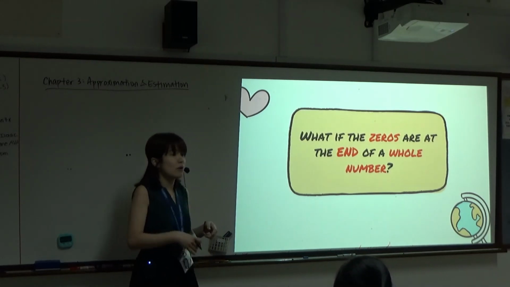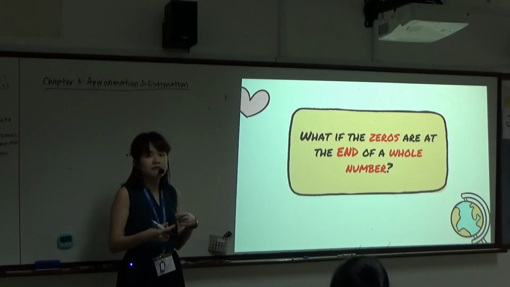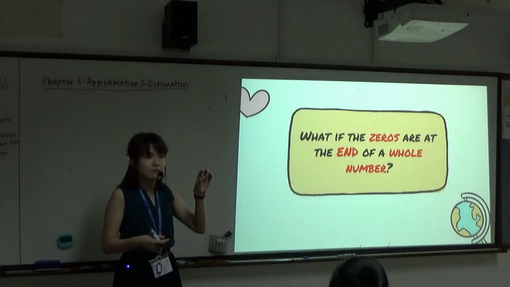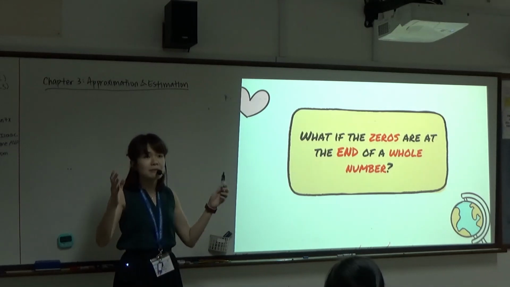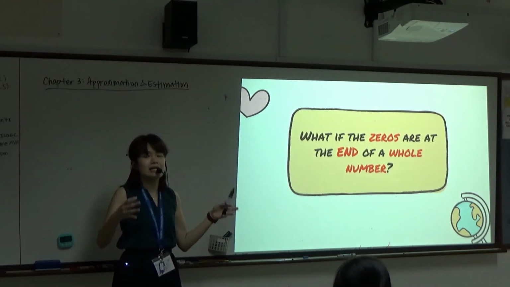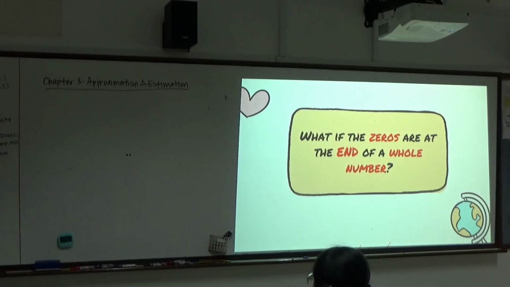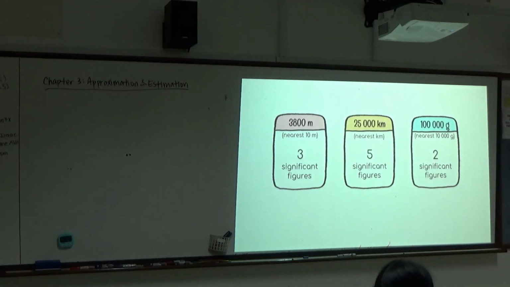Do we count all those zeros as significant or not? Because when we were doing rounding off, some of the zeros are there for the purpose of holding the place value, to make it still remain a 10,000 over number or 100,000 over number. So these are some of the numbers I want to use as examples.